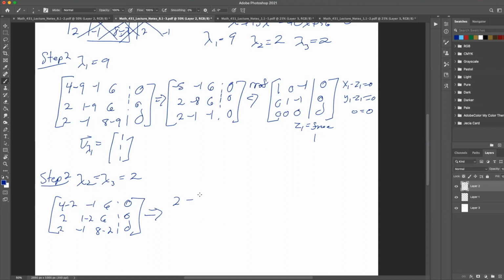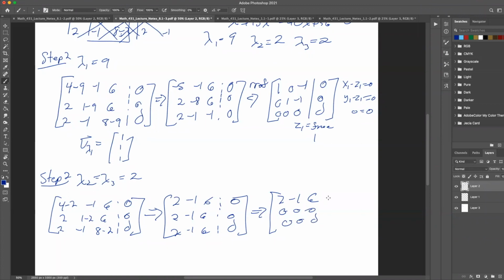So this gives me 2, -1, 6, and then 2, -1, 6, and 2, -1, 6, and 0, 0, 0. I don't need a calculator to make this simpler. This is the same as this, so I'm just going to go 2, -1, 6, 0, 0, 0, 0, 0, 0.